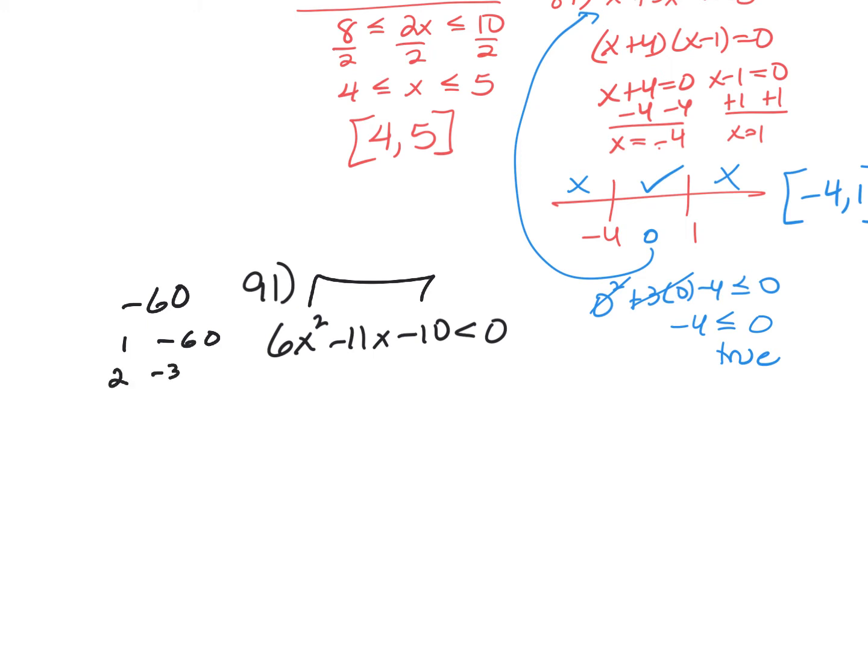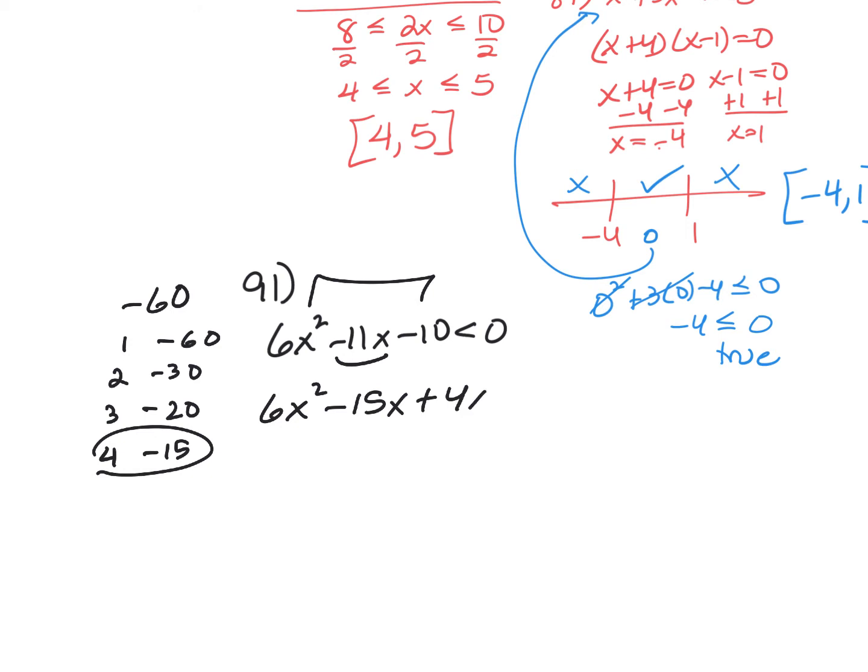So 2 and negative 30, 3 and negative 20. I'm still not at 11. 4 and 15. There's my magic combination. So again, rewrite the first term. Replace the 11x with the two factors I just found.